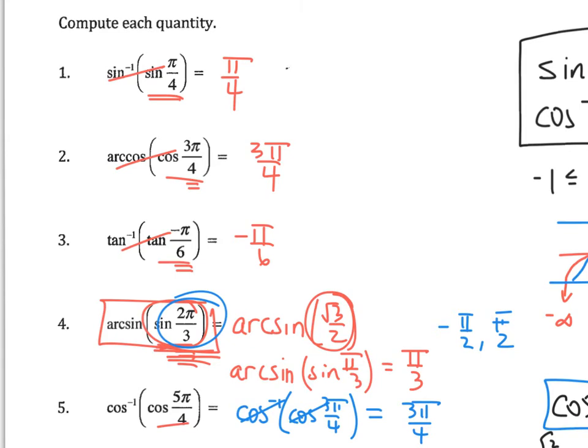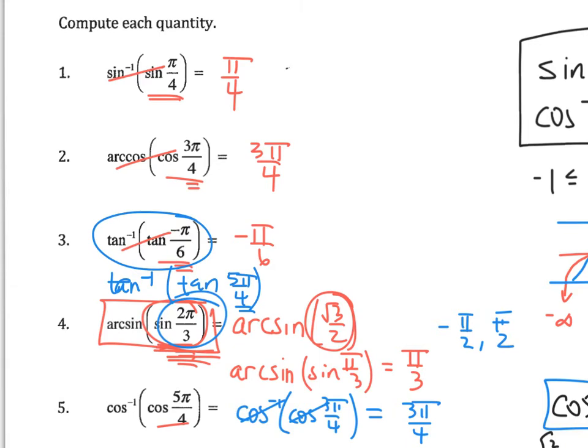So let's do tan inverse of tan of 5 pi over 4, one that's in the third quadrant. Does that sound okay? Okay, but 5 pi over 4 is not between negative pi over 2 and pi over 2. So give me its equivalent value.